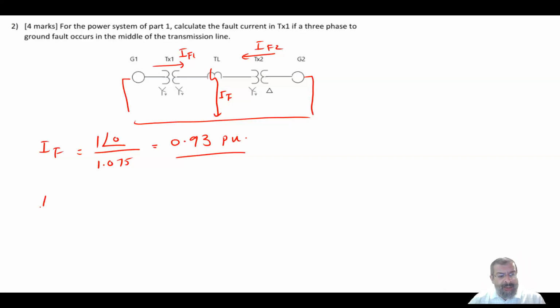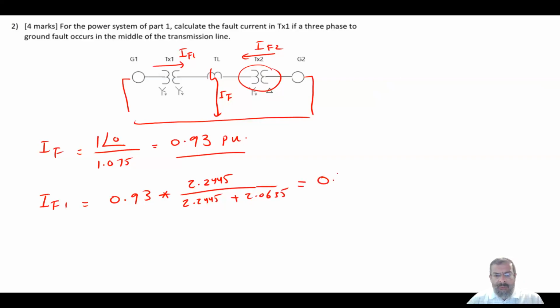Now, how can we find IF1? Very simple current division. Multiply 0.93 times the impedance of this branch, which is 2.2445, divided by the summation of the impedance of the left and the right branch, 2.2445 plus 2.0635, and this will give us 0.485 per unit.